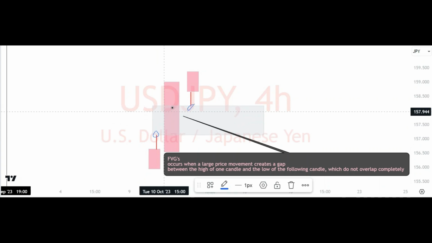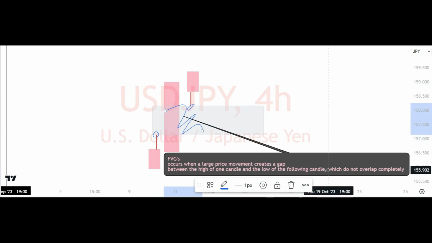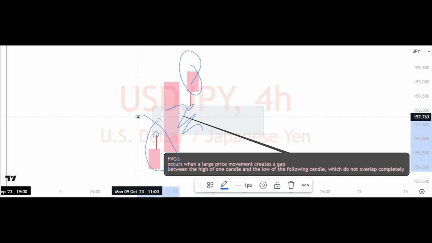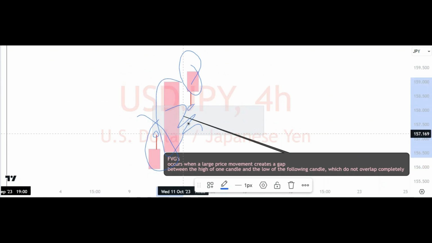And this is the space, that's the gap that is being created. And then, which do not overlap completely. So there is no overlap between this candlestick and this candlestick within this candlestick. So basically, that's how I define a fair value gap.